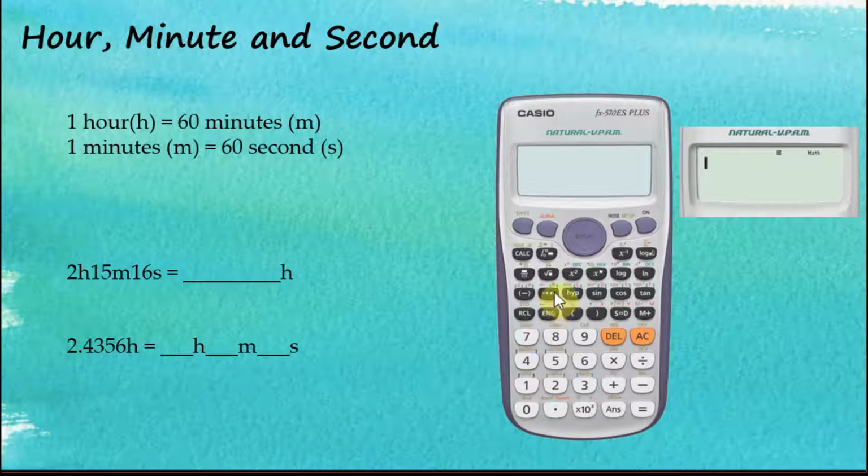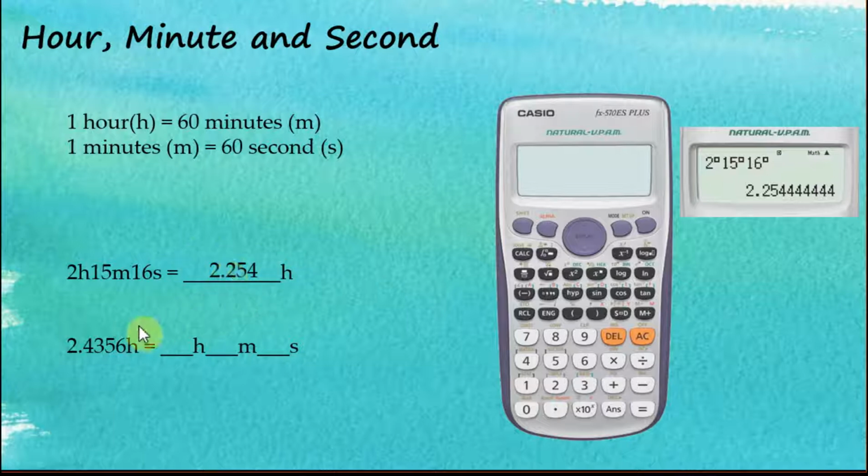So we can use the units of degree to key in this. 2 hours is equal to 2 degree, and then 15 minutes, 16 seconds equal, and then okay, so from here we learned that 2 hours, 15 minutes, 16 seconds is equal to 2.254 hours. So that's how we change hours, minutes, and seconds to hours in decimal place.